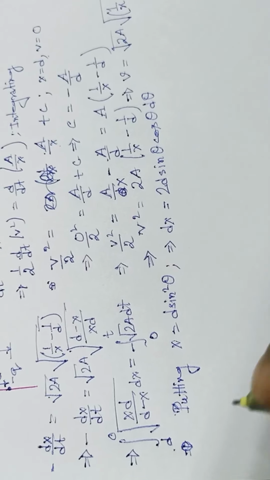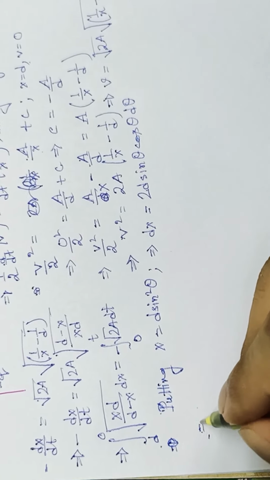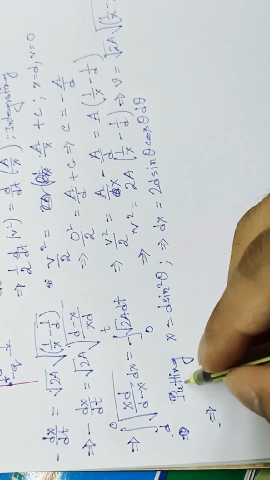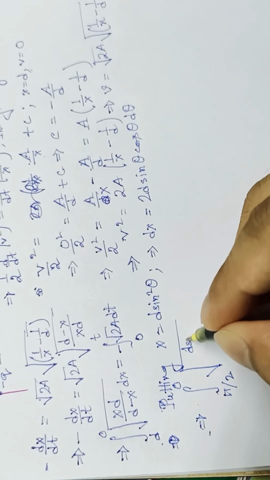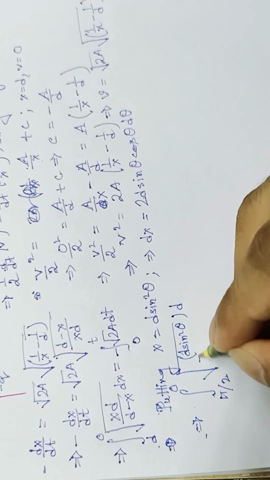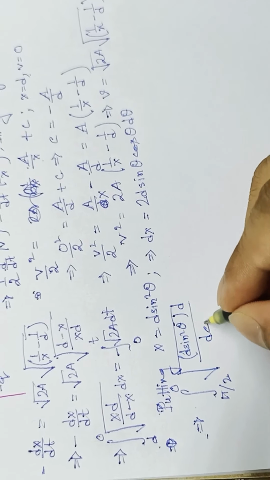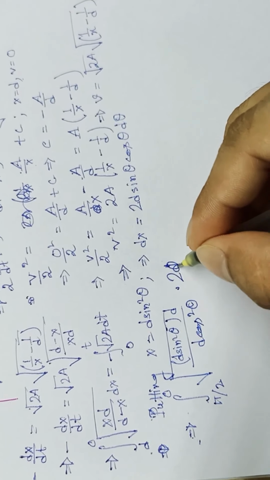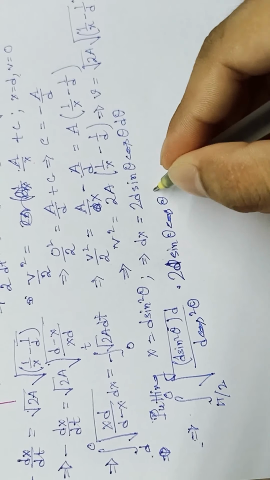Now if we substitute these quantities, the integral will become integration from pi by 2 to 0 of d sin square theta into d divided by d cos square theta into 2d sin theta cos theta d theta.